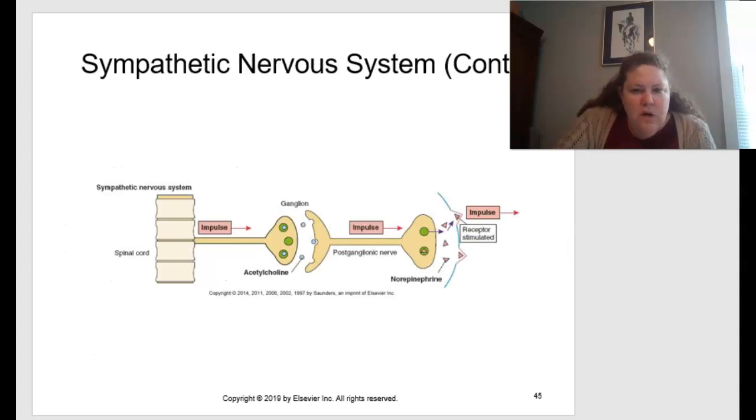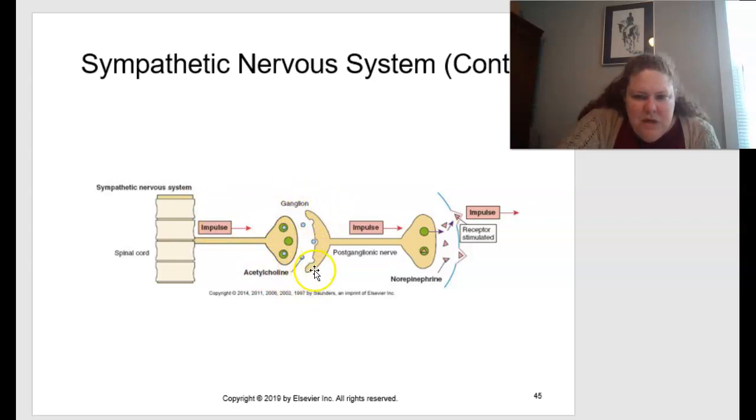So this is a close-up of what can happen, and this is part of that figure 14.5. Basically what happens is when you have your sympathetic nervous system, that's part of your spinal cord, you have an impulse that's going to travel, and then acetylcholine is going to be released.